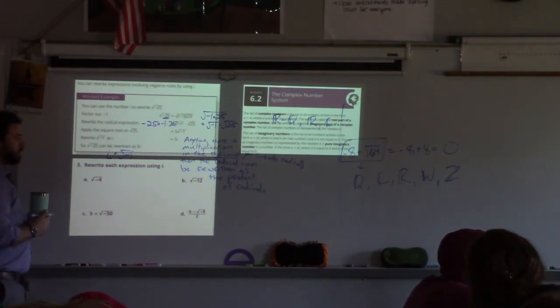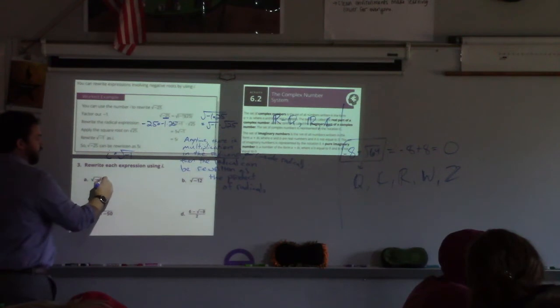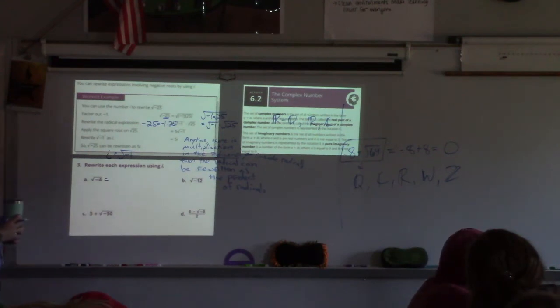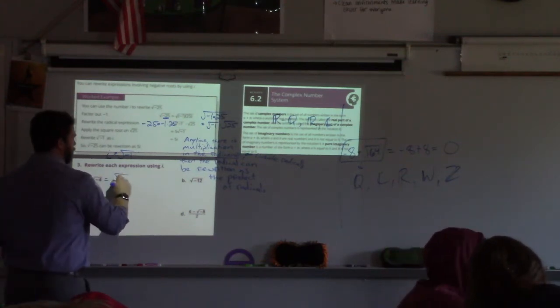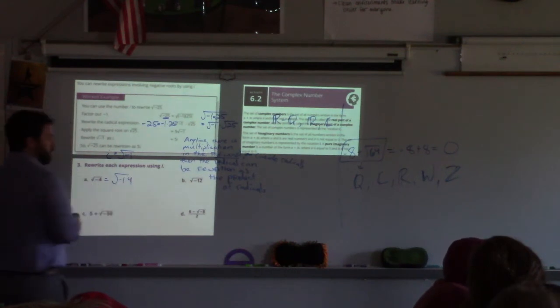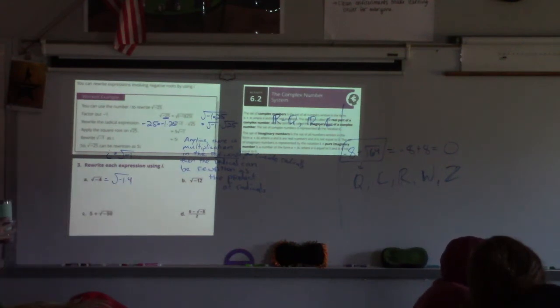Okay? So with the square root of -4, are there any factors that I can take out of that -4 where I can rewrite it as factors? 4 times -1? Does that give me a -4? So I'm just rewriting that -4 as -1 times 4.